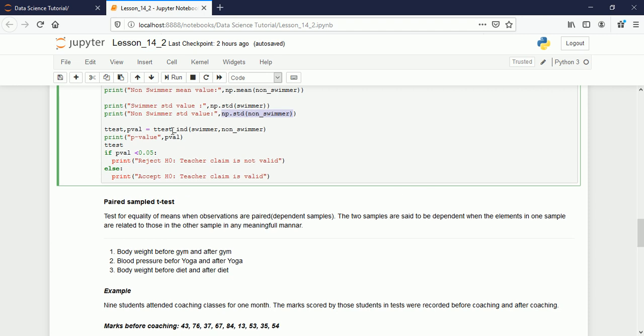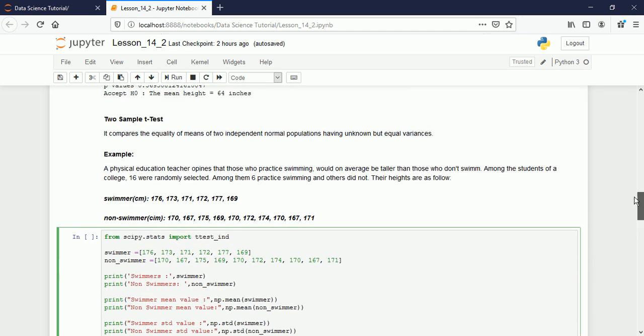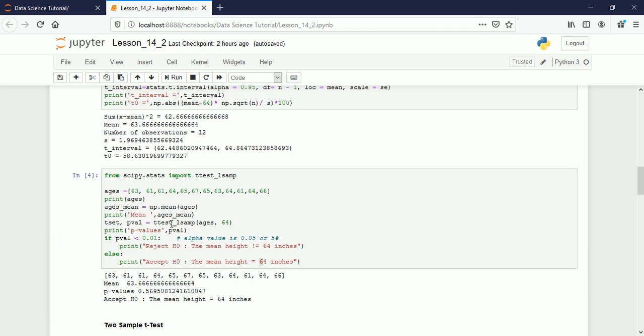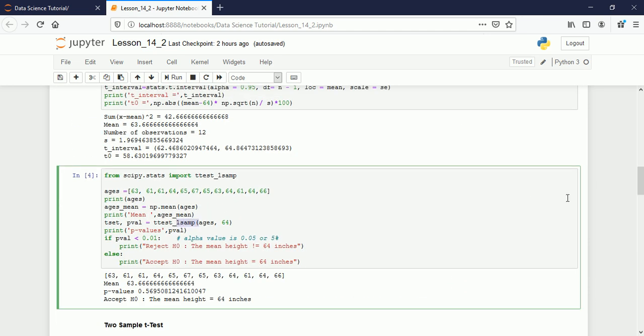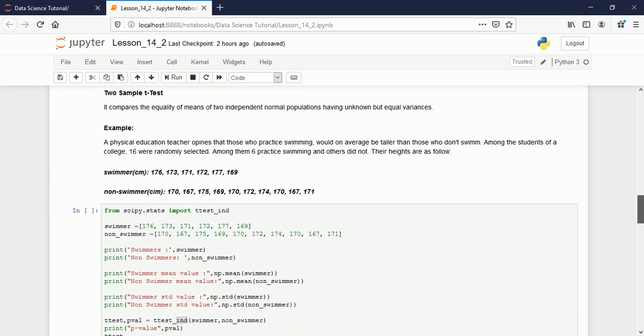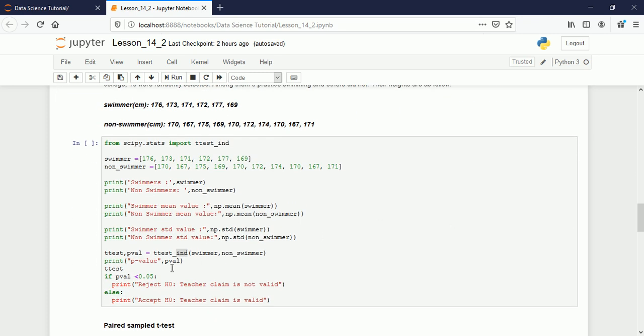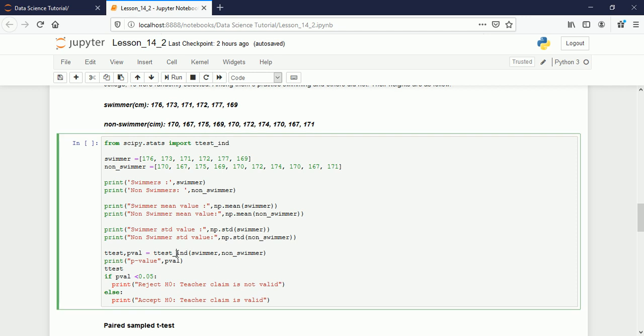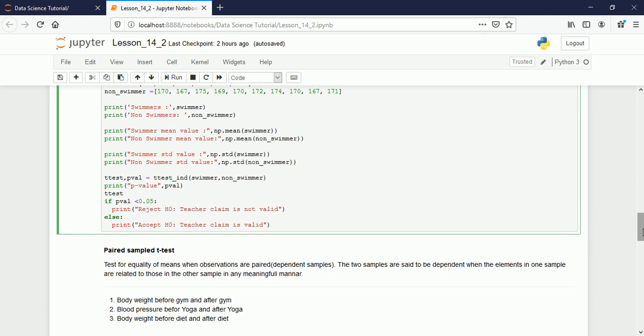Instead of the one sample test function we had before, here I am calling another function, ttest_ind, because we have two lists, two samples, swimmers and non-swimmers. Now we calculate the value.